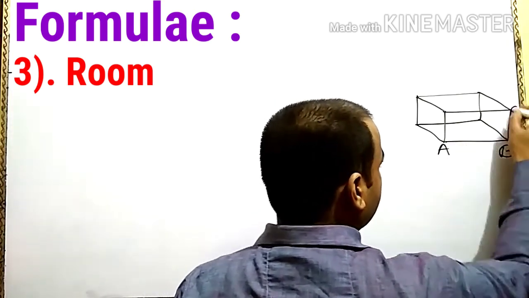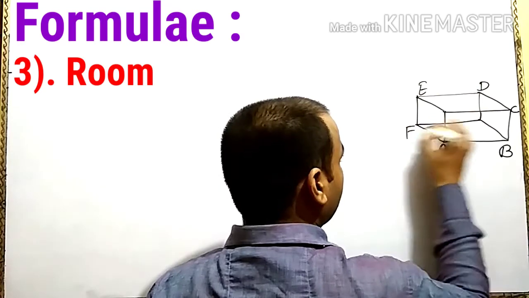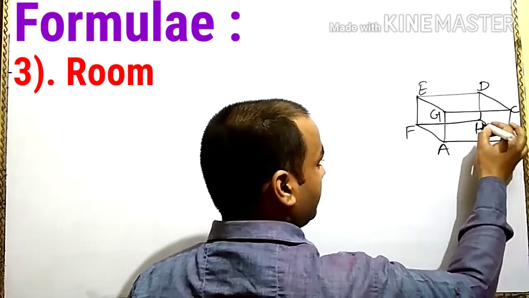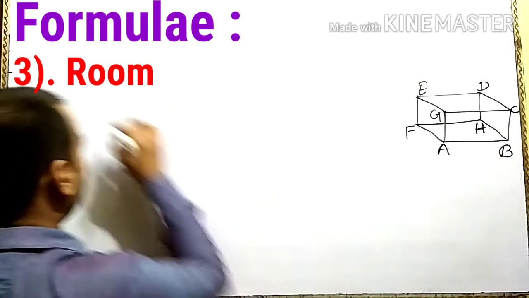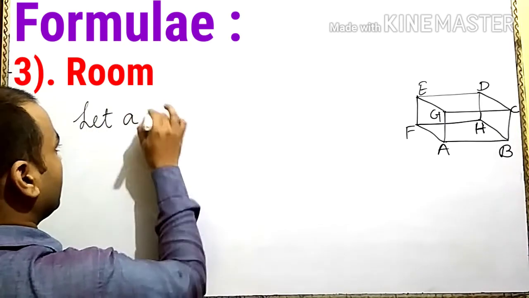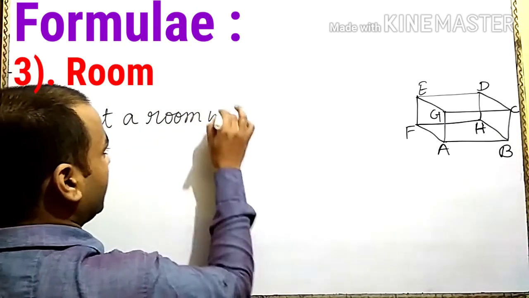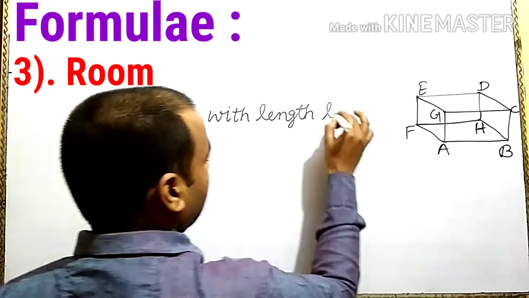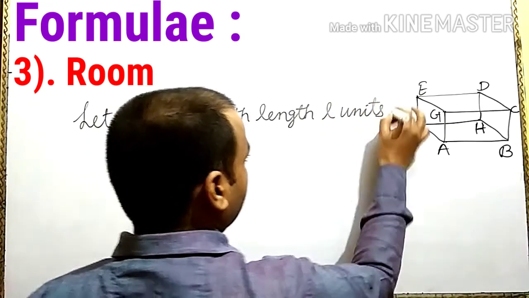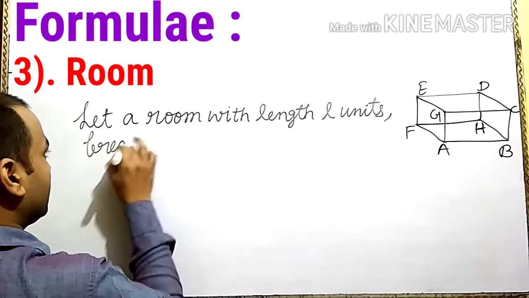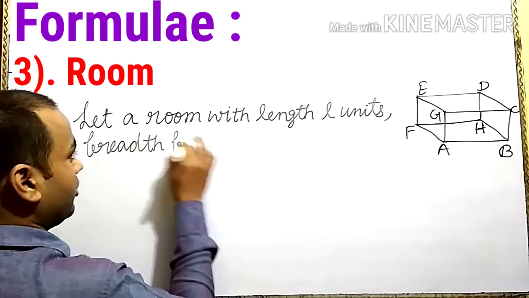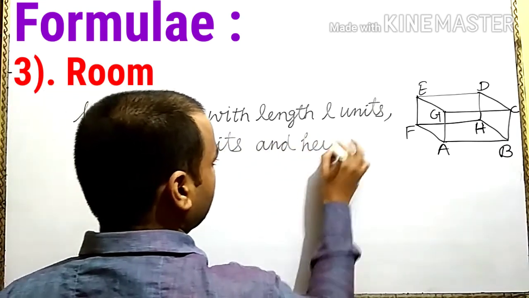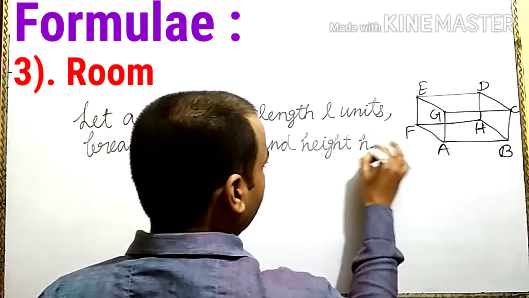Name the vertices A, B, C, D, E, F, G, H. So here let a room have length L units, breadth B units, and height H units.